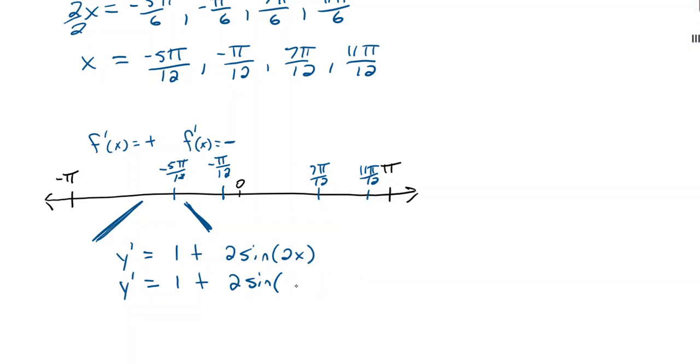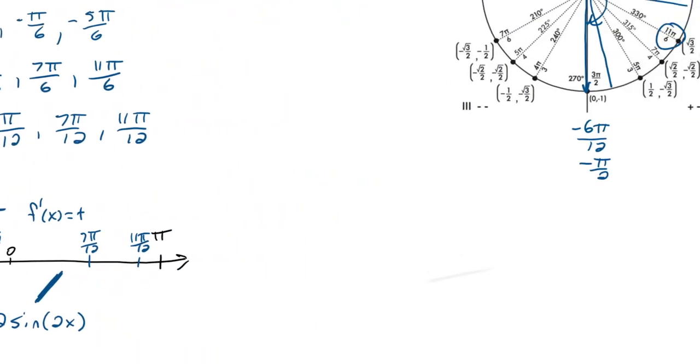Okay, the next region should be a little bit easier because 0 is in that region. Let's just use 0. If I threw 0 in there, 2 times 0 is 0, so sine of 0 is 0, and then 1 plus 0 is positive. So in this region, f prime of x is positive.